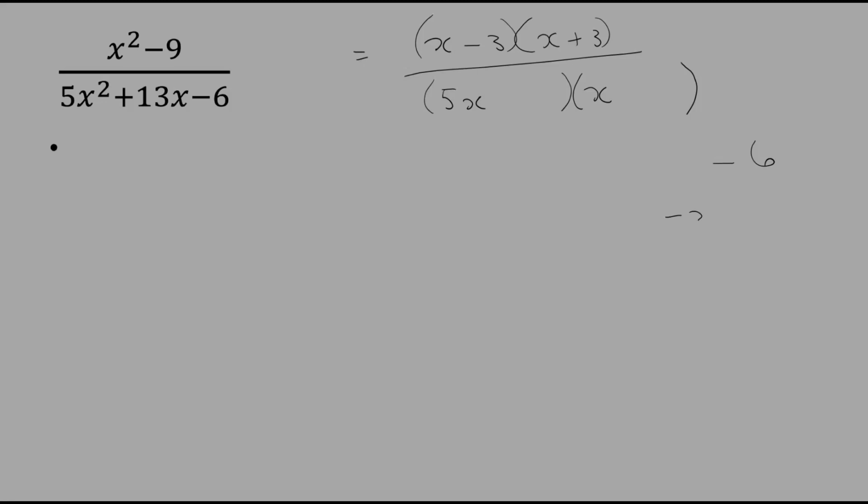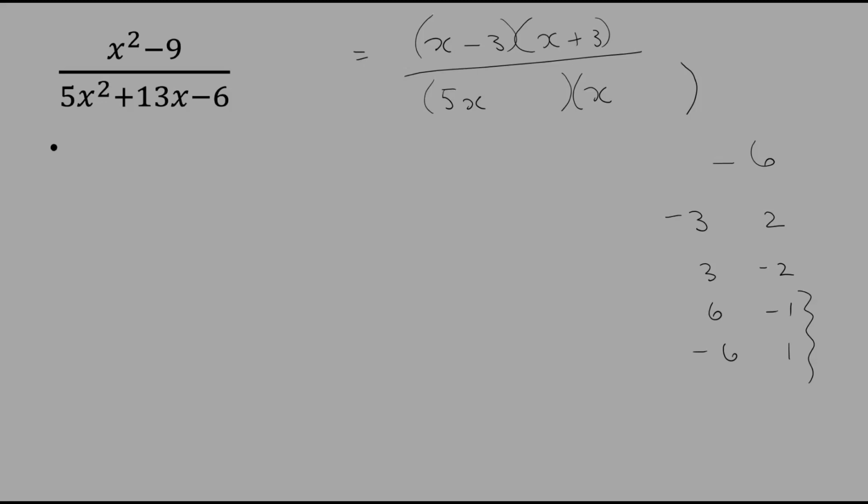It could be -3 and 2, 3 and -2, maybe 6 and -1, or -6 and 1, etc. Probably it isn't going to be these sort of ones because it's then not going to cancel.